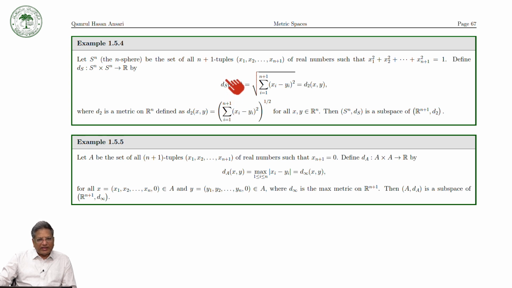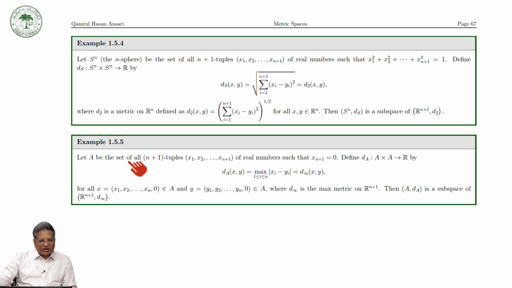And therefore ds is the restriction of this metric on Rn plus 1. And so Sn with ds is a subspace of Rn plus 1 with d2. So this way we can prove. Okay, take another example.